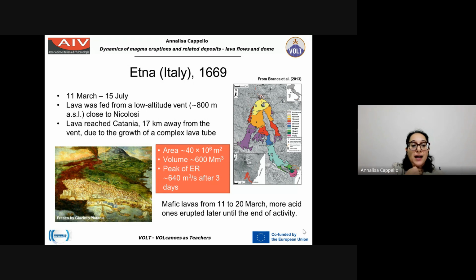And I've chosen for Italy Etna 1669, that you maybe know, which was a very interesting eruption, because it was the most destructive eruption of Italy. It changed the southeast flank of the volcano, and in general the south, reaching the city of Catania.